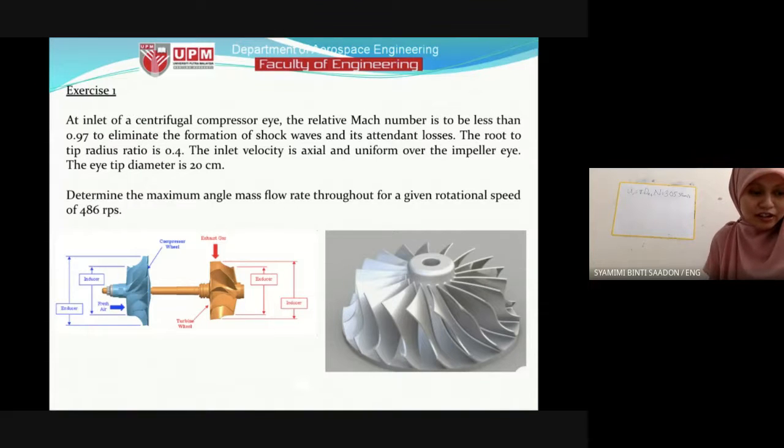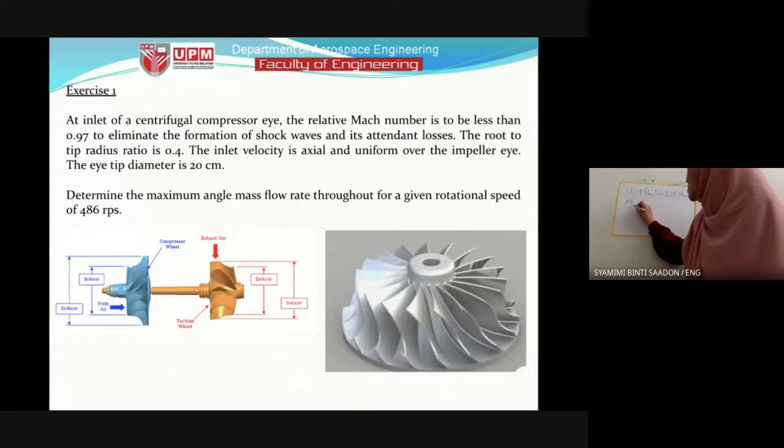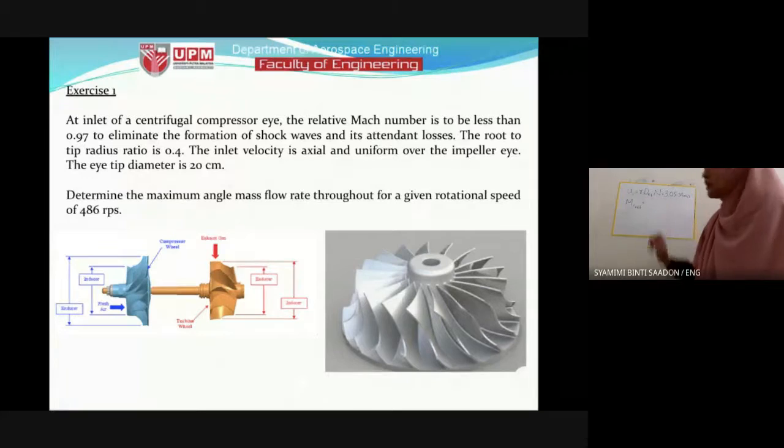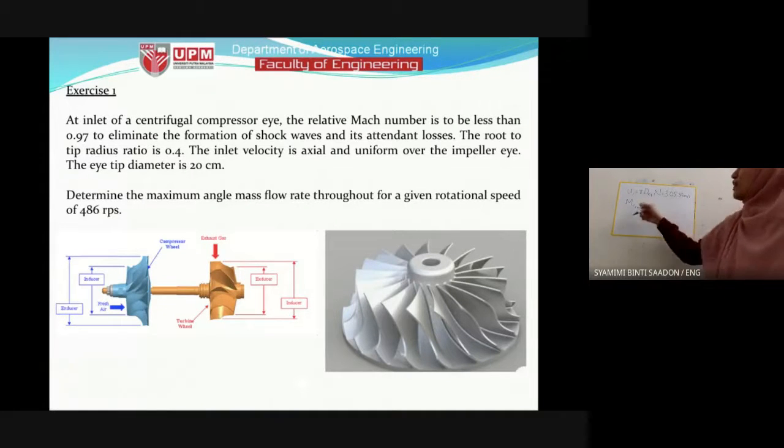Next, to calculate the maximum mass flow rate, we need to calculate first the value of the velocity. We use the relative Mach number, which relates to the relative velocity.